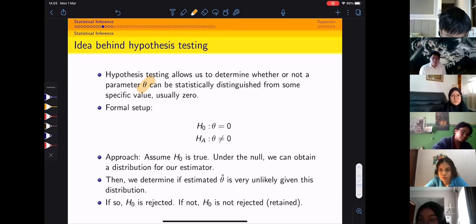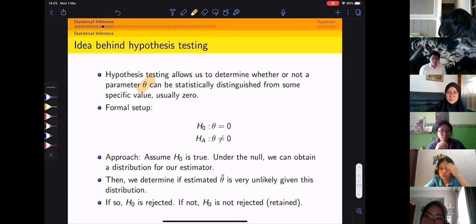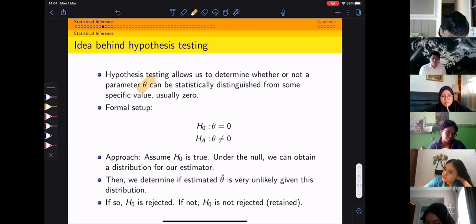In general, we want to know whether or not there is an effect, or a correlation between two variables. The status quo is that there is no relationship, no effect at all. If we state that there is no effect or no correlation, then we say that theta is equal to 0.